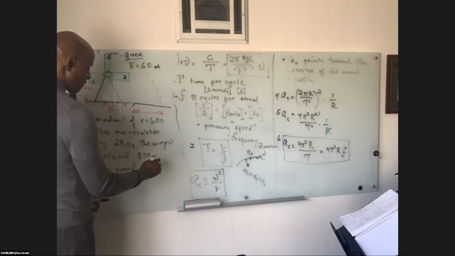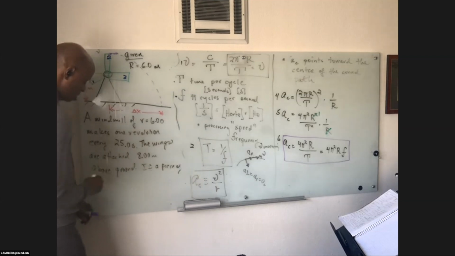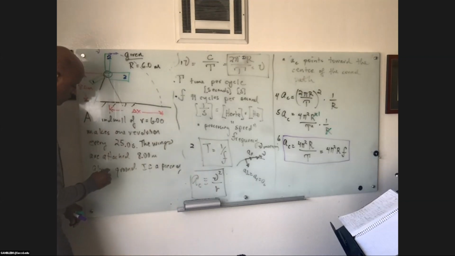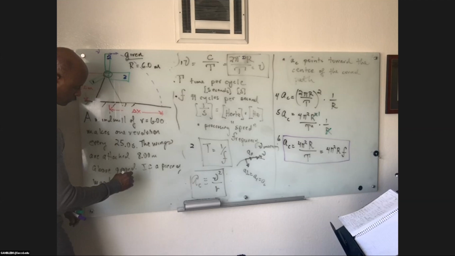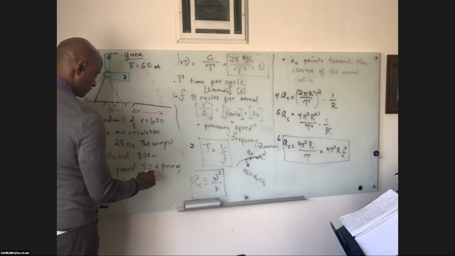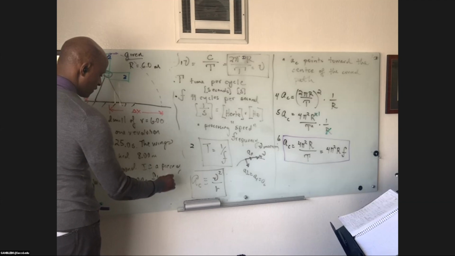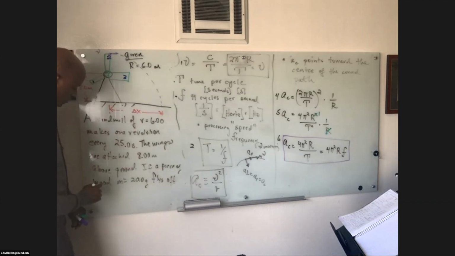If a piece of wood, we can give it a mass, M equals 20 grams, flies off wheel, flap 2.